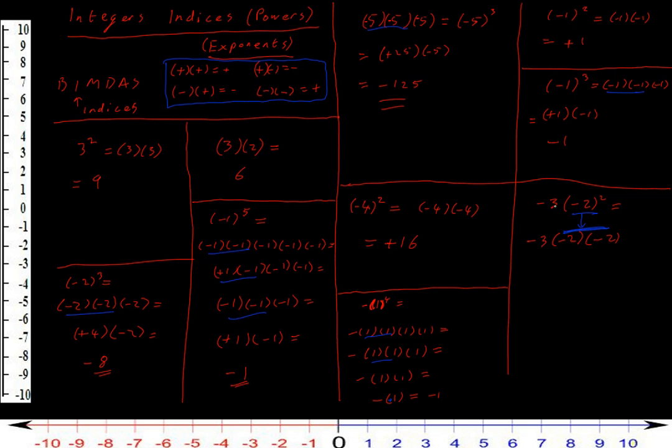And the fact that I have this minus 3 sitting right next to a bracket, if I have a number sitting right next to a bracket, it means multiply as well. So sometimes you won't see a bracket around the minus 3. Sometimes you will. If the number is sitting right next to a bracket, it means multiply. So now I have minus 2 multiplied by minus 2. And I'm going to do these two first.